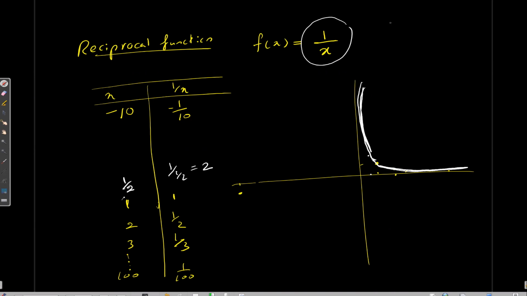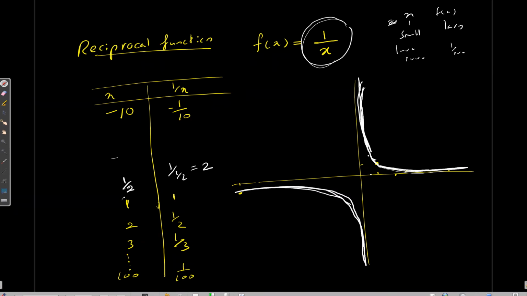When x is small, f of x is really large because of this reciprocal thing. And when x is large, for example when x is 1000, f of x is 1 over 1000, it gets small. Because of this, I have this shape. And same with the negative numbers, so I will get this shape.